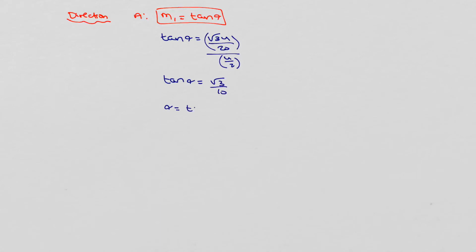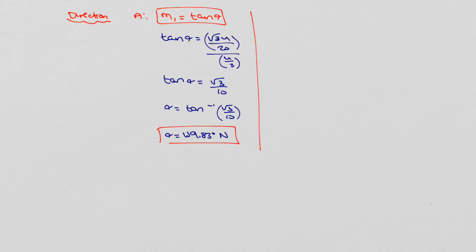So tan inverse of root 3 over 10 gives me 9.83 degrees, and of course that's going west and then north, because we had a negative u over 2.